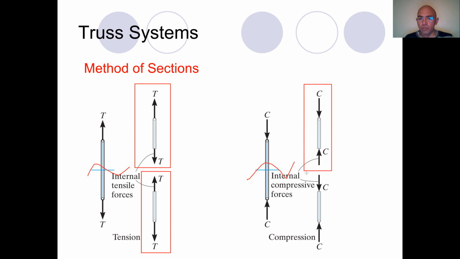So what does it mean? This basically means that internal forces are tension if the member is under tension, and internal forces are compressive if the member is under compression externally.